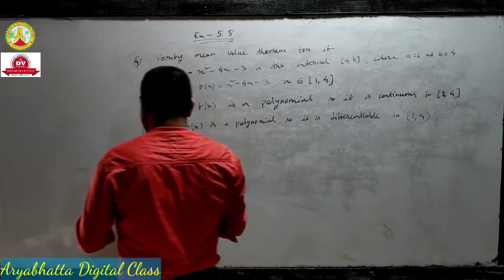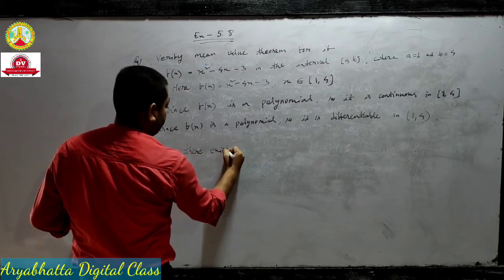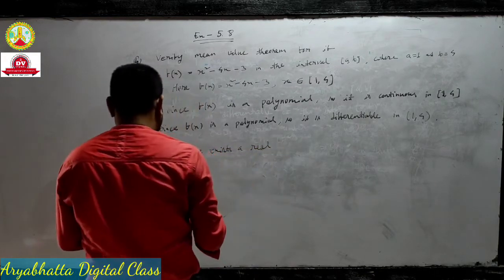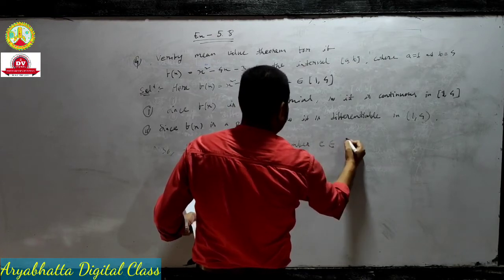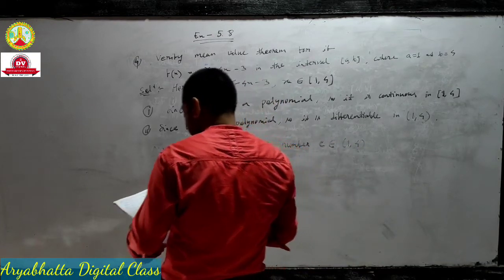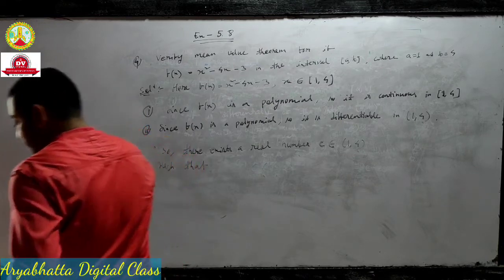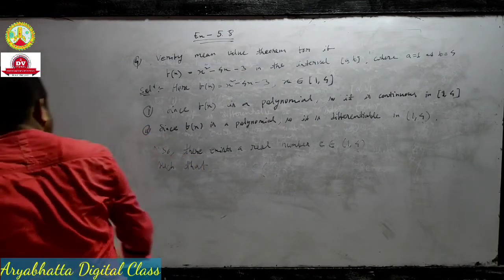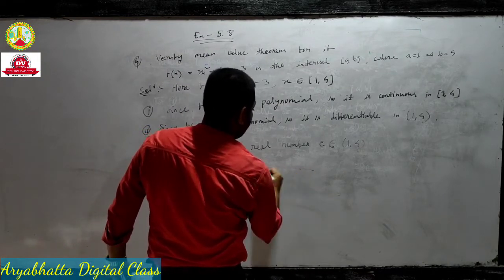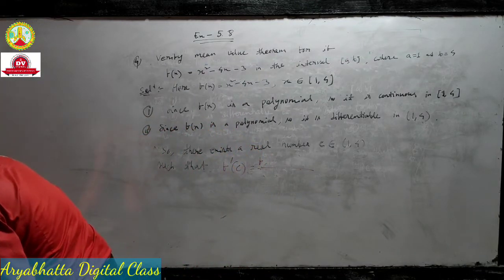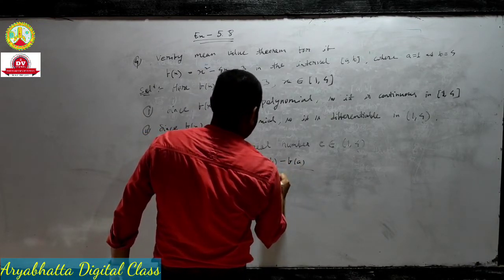Next, so there exists a real number c belongs to open interval 1 comma 4 such that f dash c is equal to f of b minus f of a divided by b minus a.